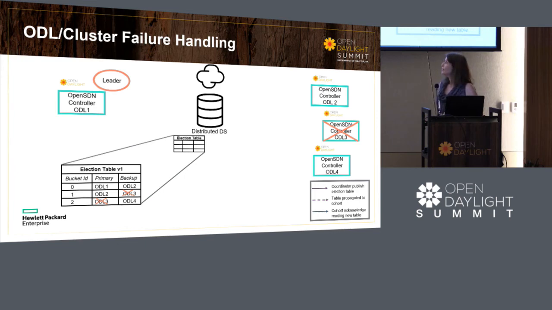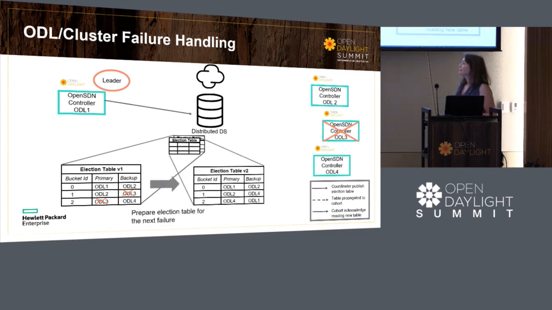So the coordinator calculates a new election table. This table has to meet two requirements. One, it has to have minimum changes from the original table, because some applications are very sensitive to ownership changes. And the other one is it can't include the ODL number 3 that failed, and it also has to maintain load balancing.